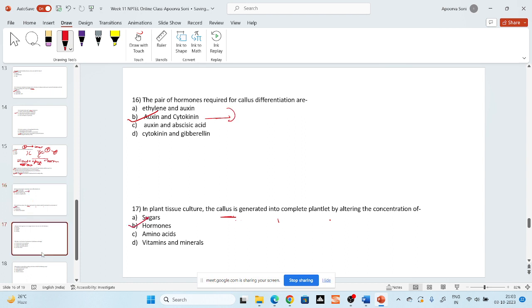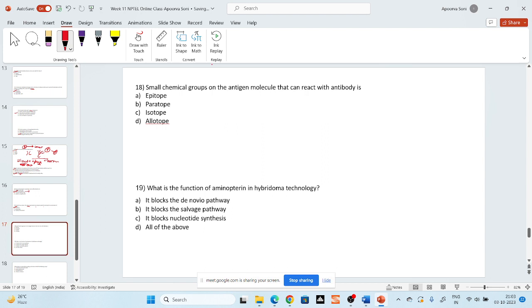So the answer would be hormones. Then the next question: small chemical groups on the antigen molecules that can react with an antibody. What is present on antigens? We have just discussed it. It is epitope. Yes. Then the next question: what is the function of aminopterin in hybridoma technology? Which pathway does it block?